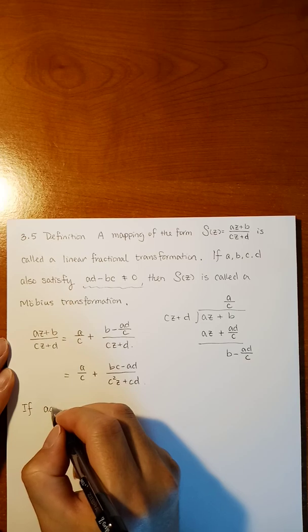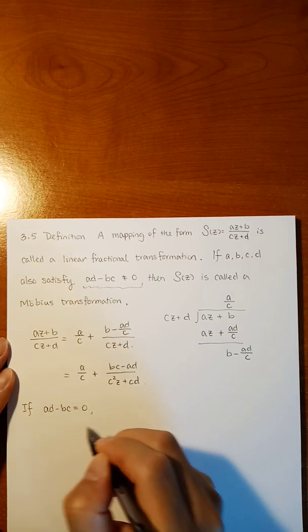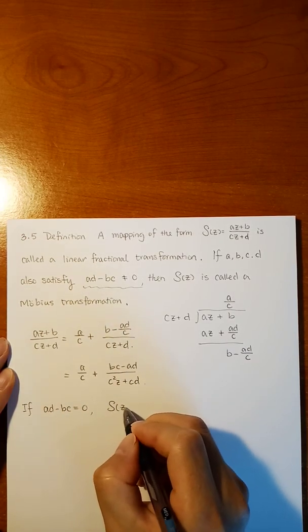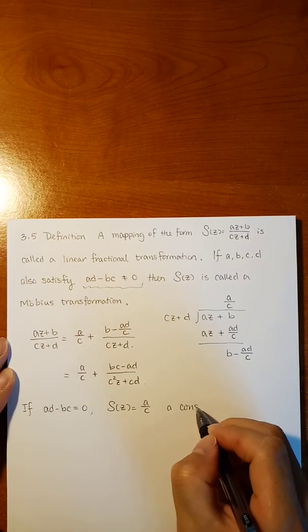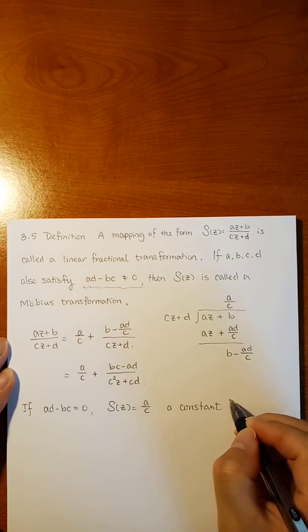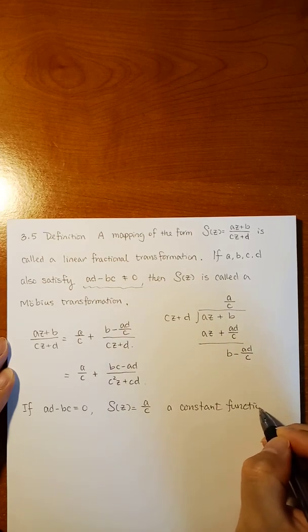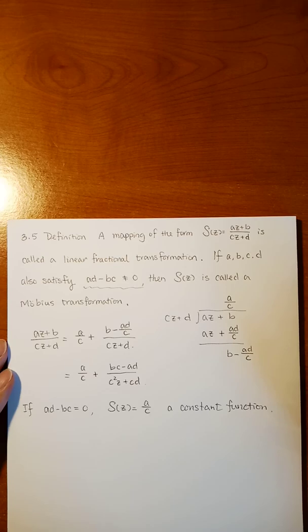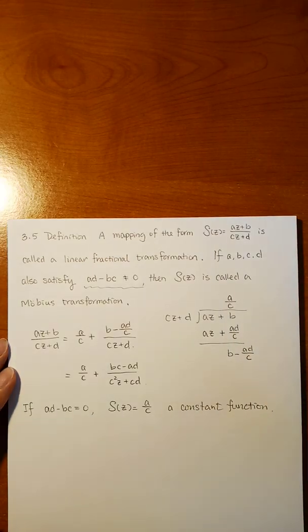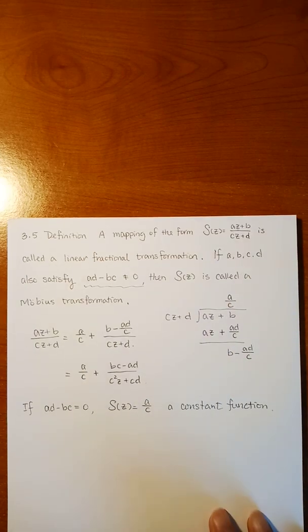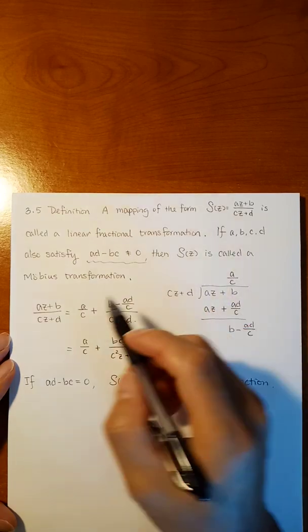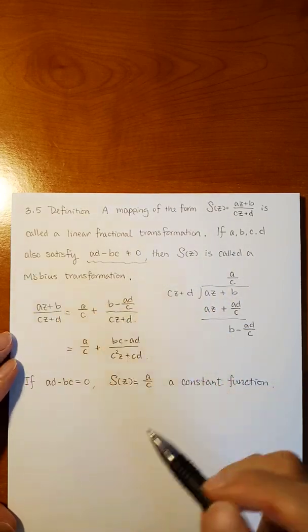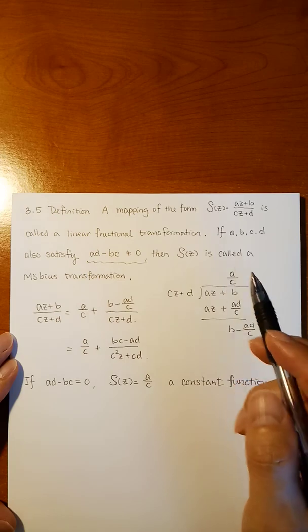If ad minus bc is equal to 0, then S of z is equal to a over c, a constant function. Of course it's a linear fractional transformation, but a constant function is not interesting, so we do not want constant functions. In other words, a Mobius transformation is a non-constant linear fractional transformation.